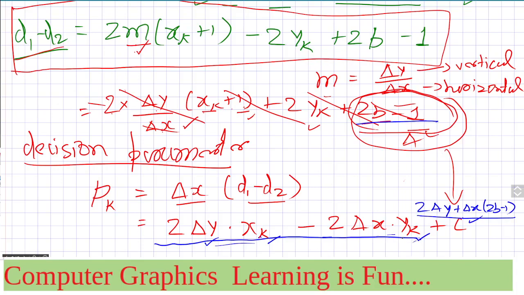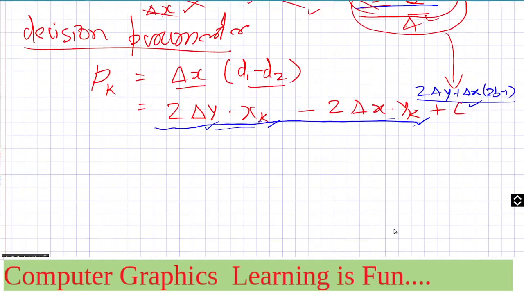So now how will it lead to a decision? You already understand that delta x is greater than 0. So what is happening now? Either yk is already known, no problem.